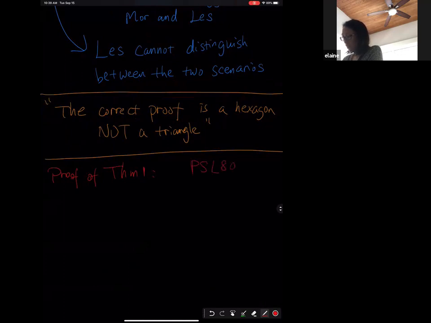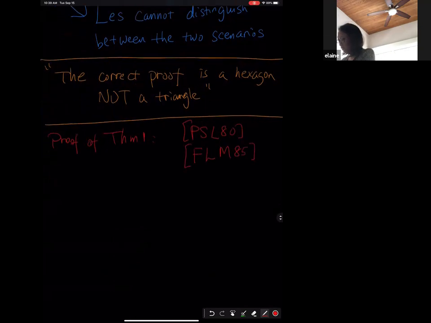PSL 80 was the first paper that proved this theorem, but the version we are going to present is due to a later simplification by Fischer, Lynch, and Merritt, FLM. And this is the version we will present.